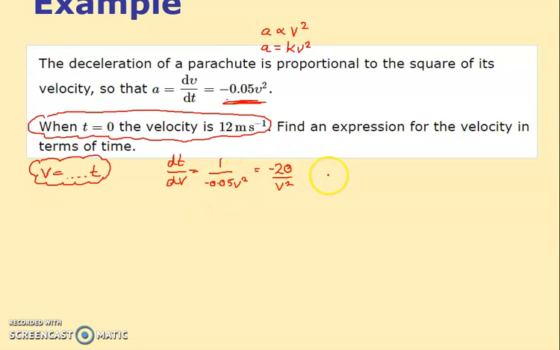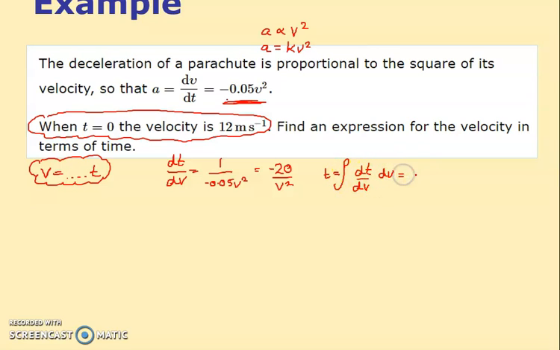Now the reason why I'm doing that is I'm thinking that if I get rid of my v's here, I think I can integrate this. And if I integrate something that's been differentiated, it basically gets back to where you started. So I think I can get t equals the integral of dt by dv. Notice you have to do this in terms of v, so you write dv.